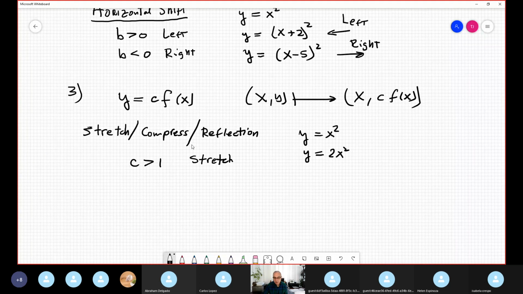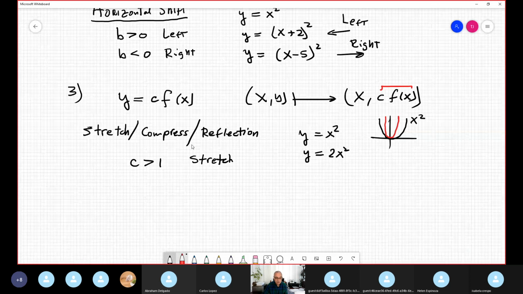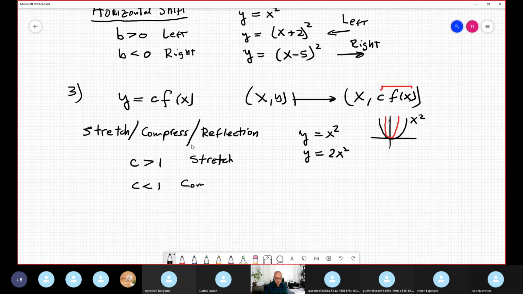When you multiply by 2 or by 3 or a number greater than 1, the parabola, which normally is like that, this is my original parabola, becomes a vertical stretch. Vertical stretch is like that, a little bit narrow, okay? Because you multiply by 2. You multiply basically the y part and the x part stays the same. However, if a is less than 1, then compress.